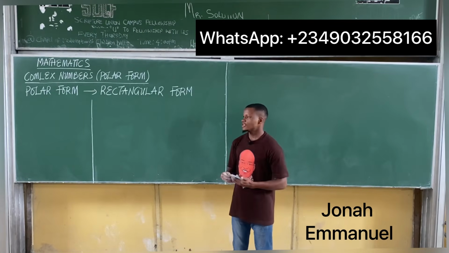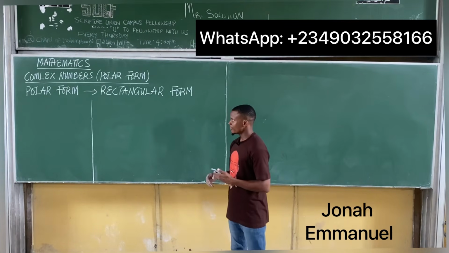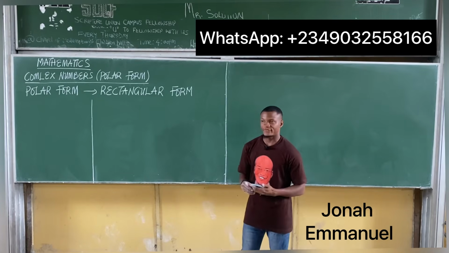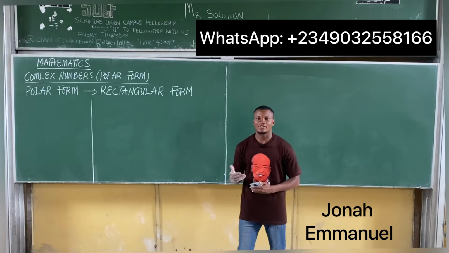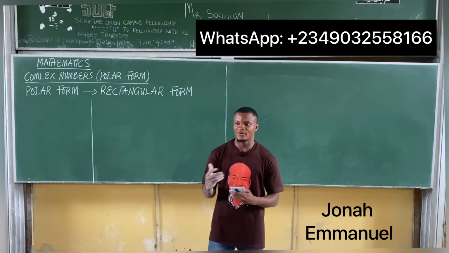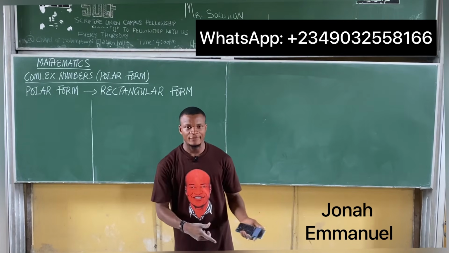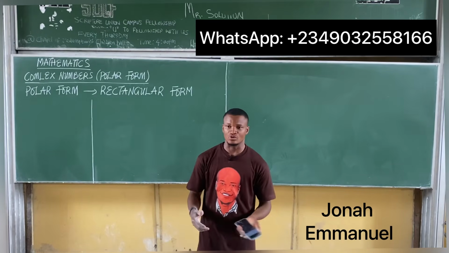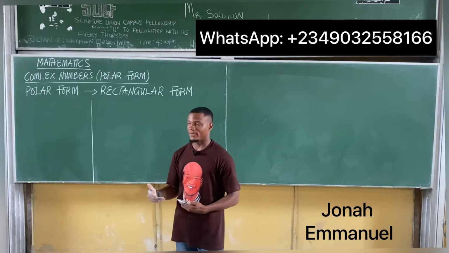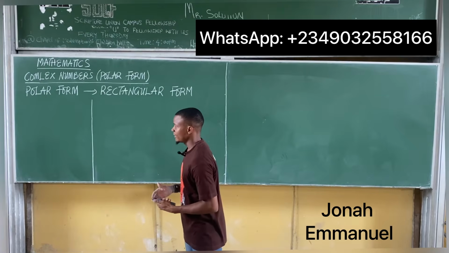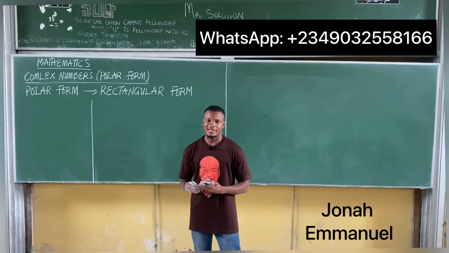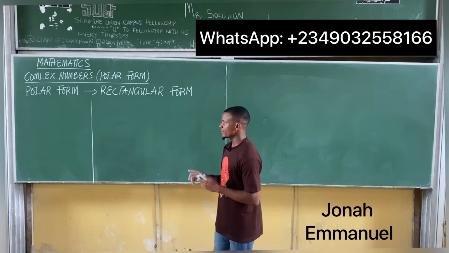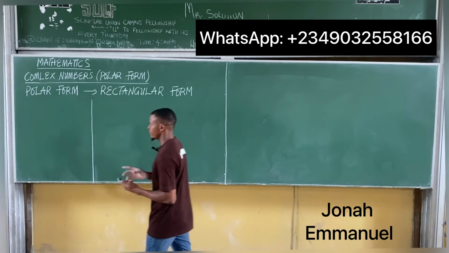In our previous class, we looked at how to convert complex numbers from rectangular form, or the Cartesian form, to the circular or polar form. But for this video, we're looking at how to convert from polar form back to the rectangular or Cartesian form. But before we do that, let's take a very simple example, a brief one.